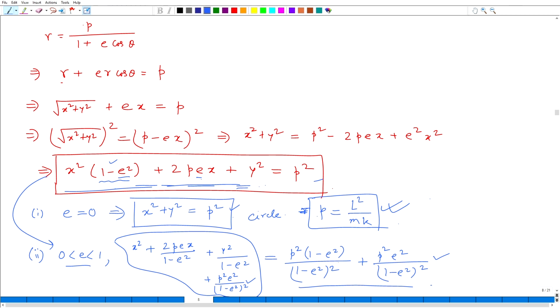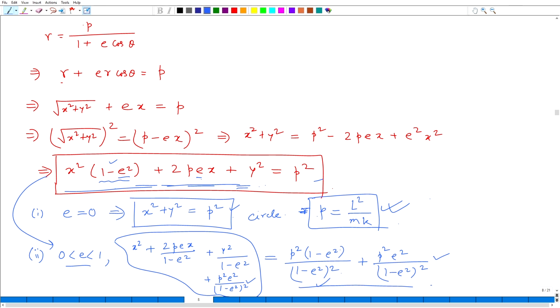Basically, what happens is that you are dividing everything by first 1 minus e square. This will give you everything like this, and in the right hand side you will have p square by 1 minus e square, and then you multiply 1 minus e square in both numerator and denominator, and you will have this term.